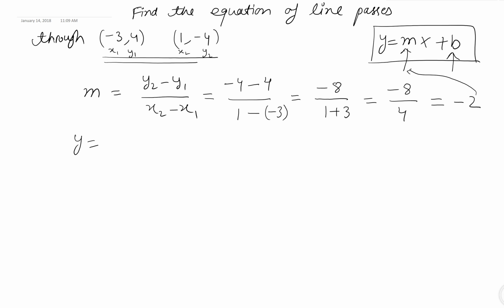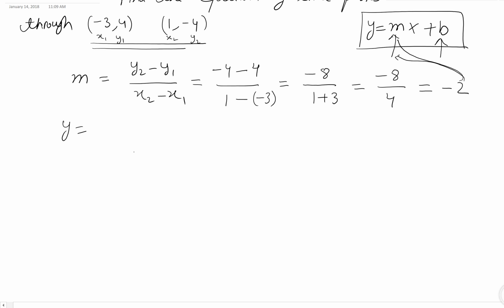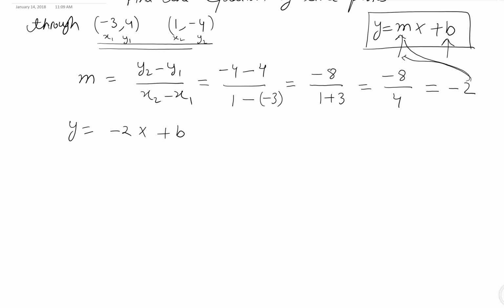So y equals minus 2x plus b. m equals minus 2. Okay. Now let's find b, not y. We have to find b, or you can call it the y-intercept. Now I substituted the m value.